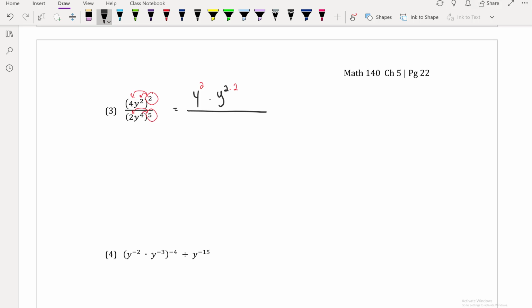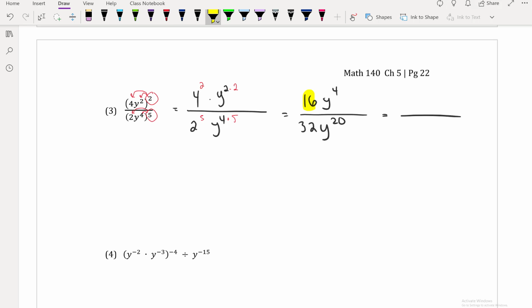And then down in my denominator, I have 2 to the 5th power and y to the 4 times that 5th power. So 4 squared is 16. 2 times 2 is 4. And 2 to the 5th power is 32. And 4 times 5 is 20.